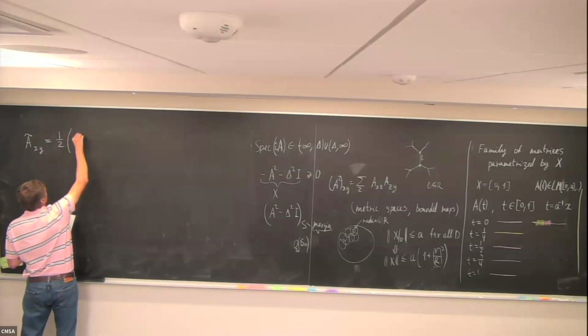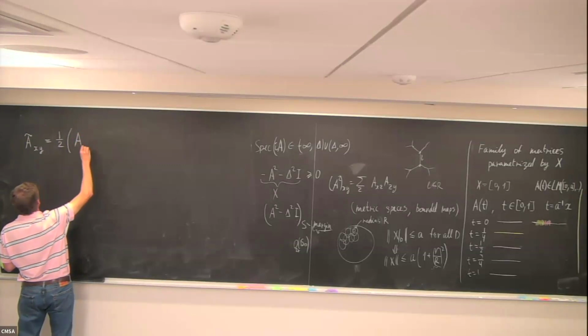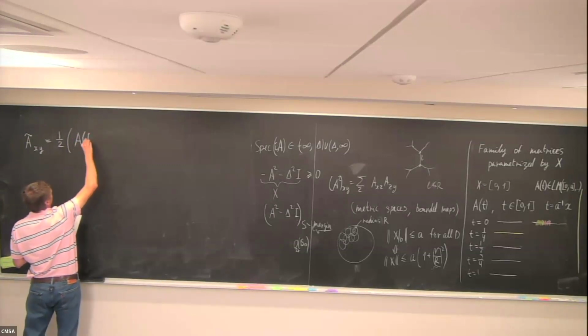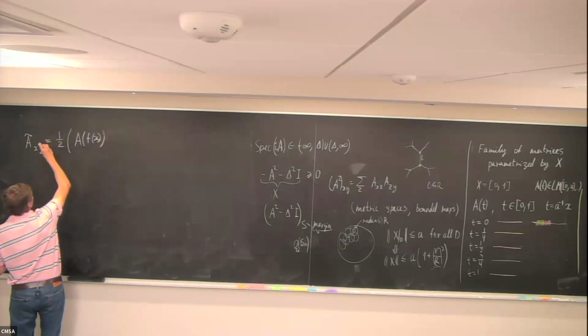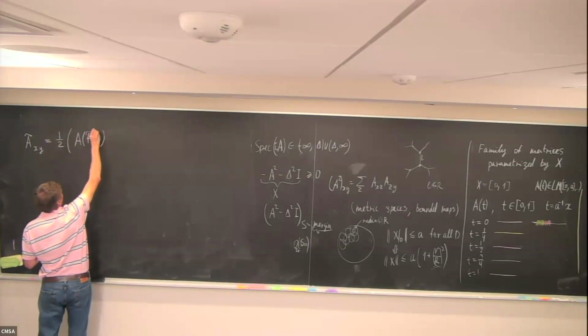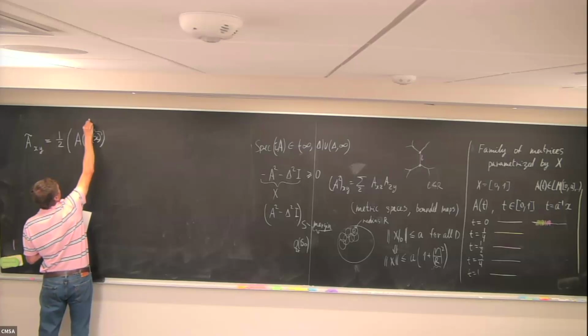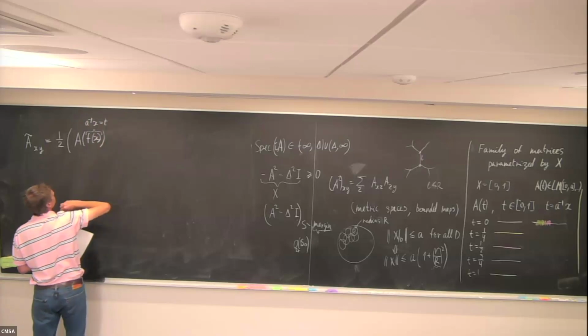It will be A of f of x, where f of x is A minus 1 x, and it was denoted by t.